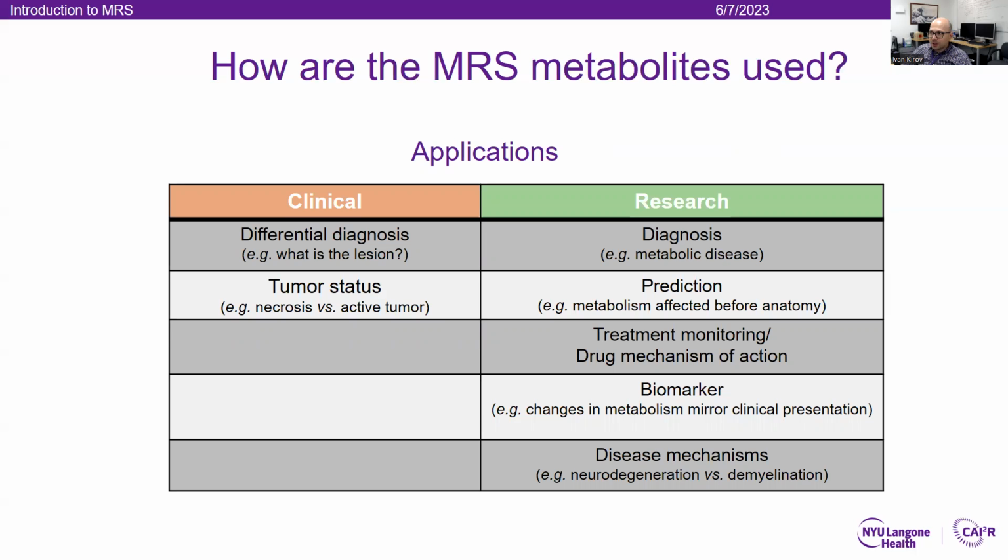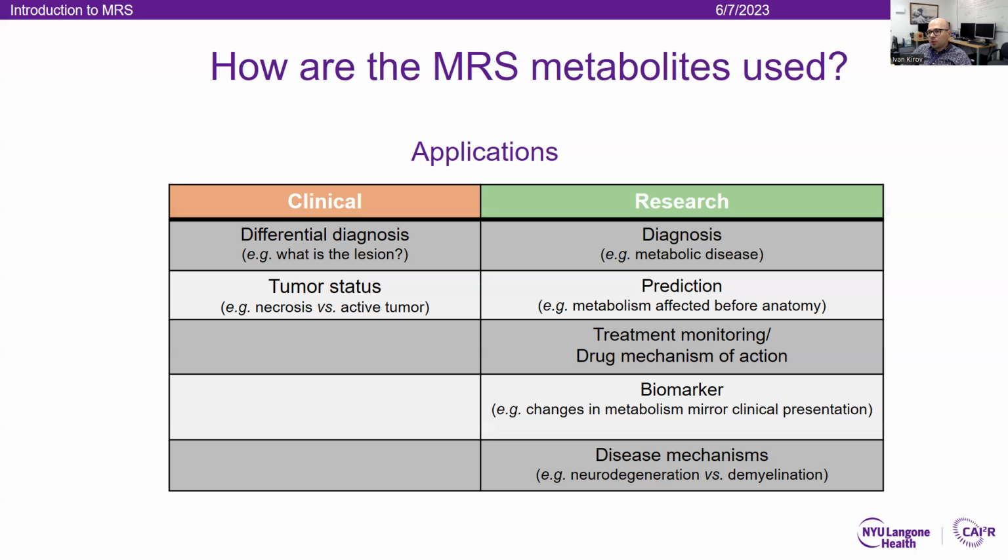And they may have two or more possibilities that they're entertaining, but they're not sure what is the case. So they may order MRS if it's known that the spectrum can distinguish between these two or more conditions. This is called differential diagnosis, to see which diagnosis is the real one.